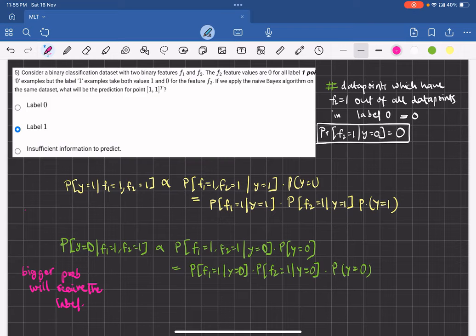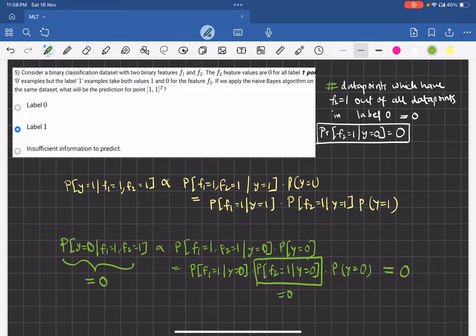Now we have another case. We are told that the probability f2 is 1 given y equal to 0 is equal to 0. We can observe that this occurs somewhere here, so this is nothing but this particular value. We are told that this particular value is equal to 0, which means this whole thing will be 0. So this probability will always be equal to 0.